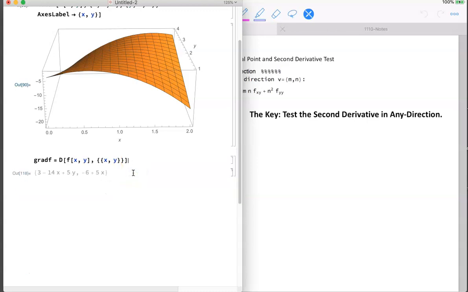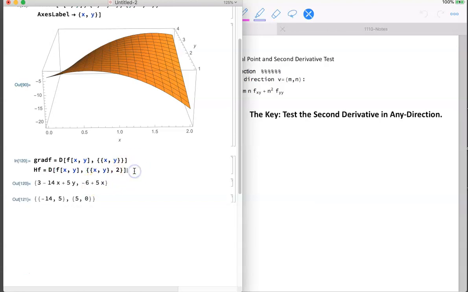Here you can see that I'm trying to take the gradient. And if you look at the gradient of this entry and then the gradient of this entry, we will get something called the Hessian, or the matrix of second partial derivatives. And you can compute that in Mathematica by taking the derivative with respect to both x and y. And we're going to take two derivatives of it.